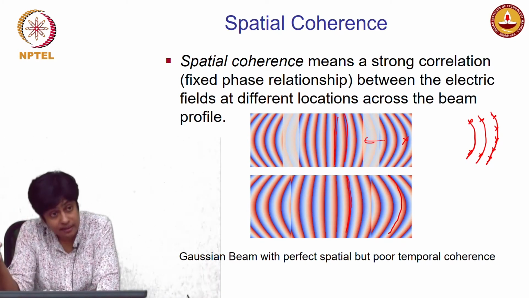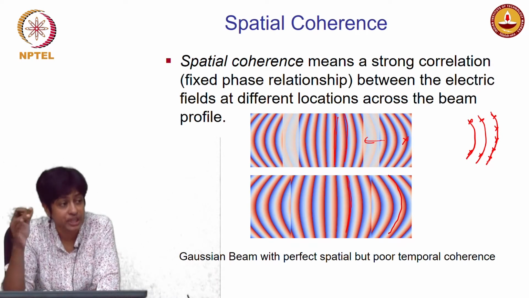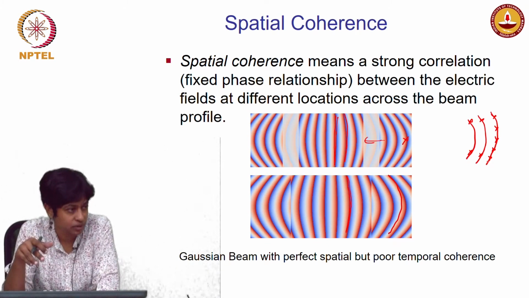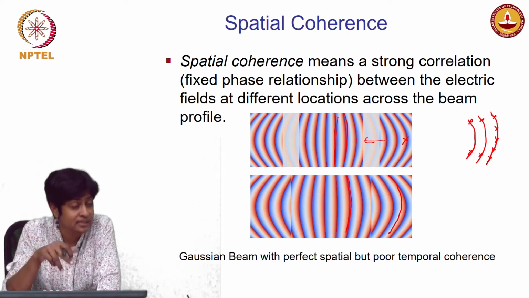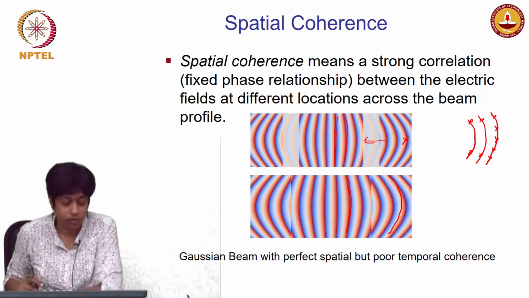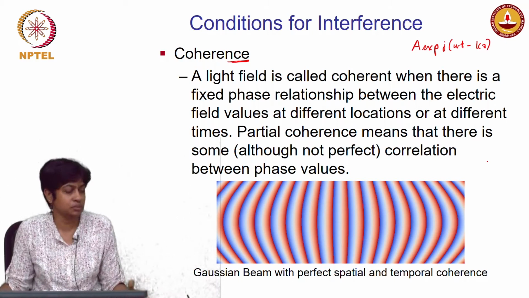What is lacking here is temporal coherence. So we are saying this is a source which has high spatial coherence. That means everywhere on a wavefront I can tell what the phase is, but I cannot predict the phase at some later time. And so if you look at the earlier image, this is how I expect my Gaussian beam to look.